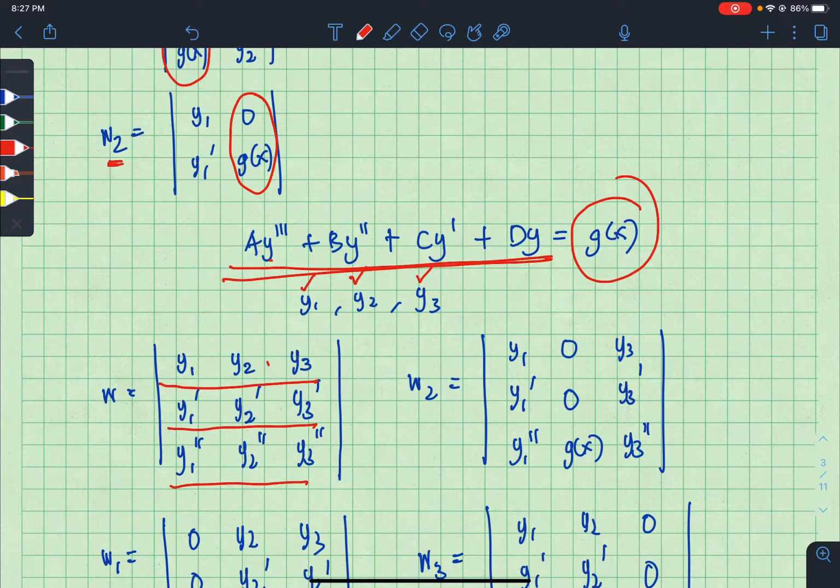And then for our W sub 2, we're just going to copy the first column, which is e raised to x and e raised to x. Previously we copied the second column, and this time around we're just going to copy the first column, and then the second column would be the 0 and the g of x, e raised to x over 1 plus x squared.